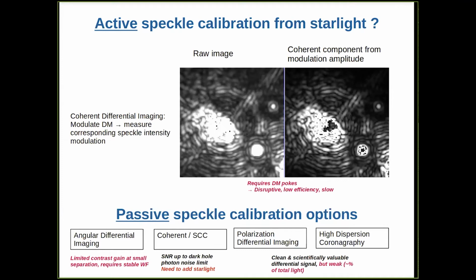We can modulate the DM to modulate the speckles themselves and extract from that signal the coherent part of the image. This is an example of us doing that in the lab. And there are also various passive techniques which do not require DM actuation, but they all have their disadvantages. A lot of them require some perturbation to the image, which we don't want.